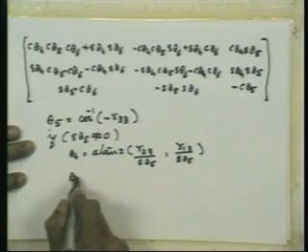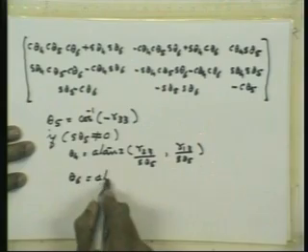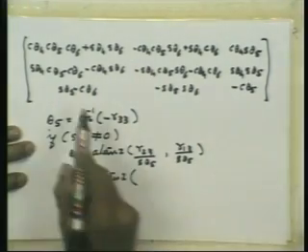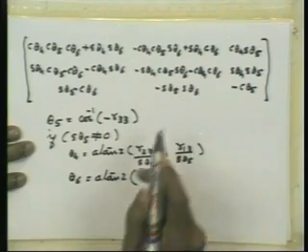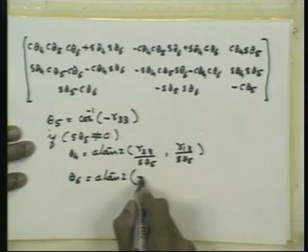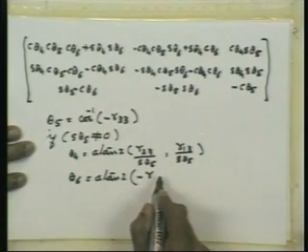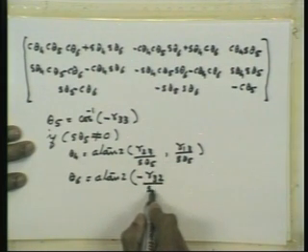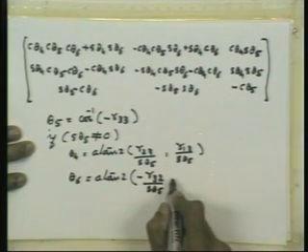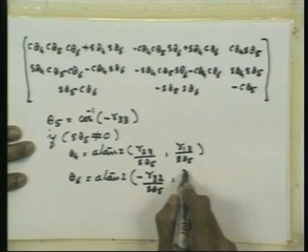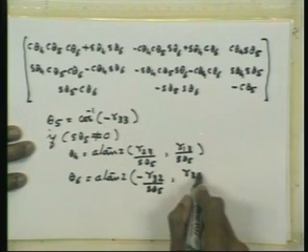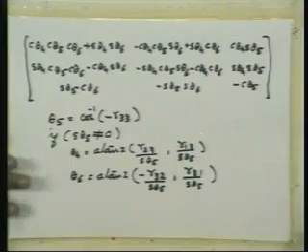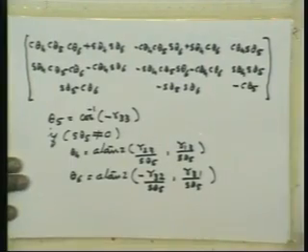Similarly, theta 6 equals a tan 2 of minus R32 divided by sin theta 5, comma, R31 divided by sin theta 5. This is fine.